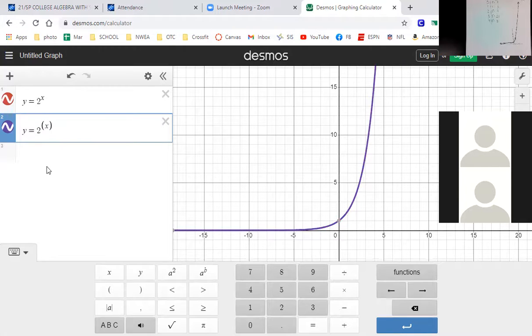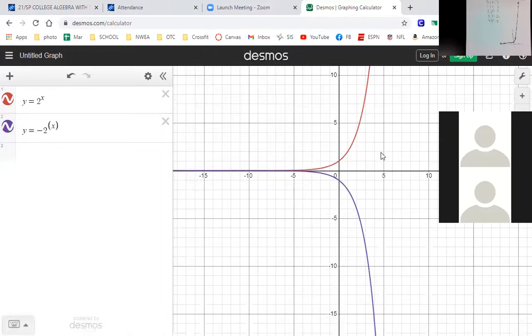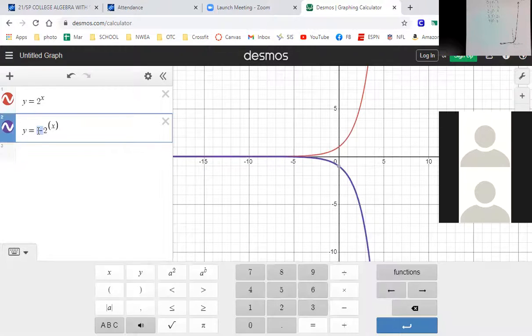Next, a negative in front of your function flips it over the x-axis. So a negative in front of your function flips your graph over the x-axis.